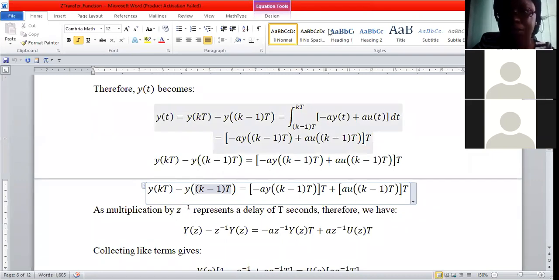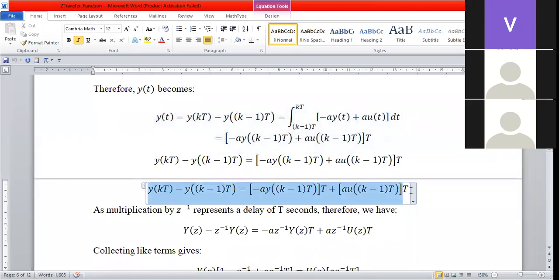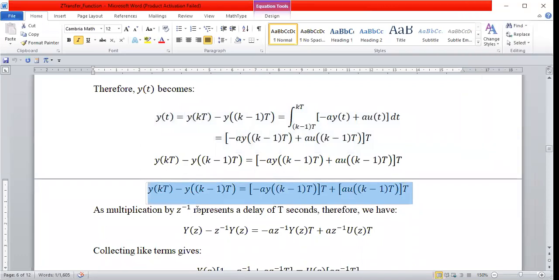That's using the forward rectangular rule. If you look at this particular equation here, multiplication by z raised to power minus 1 represents a delay of t seconds.